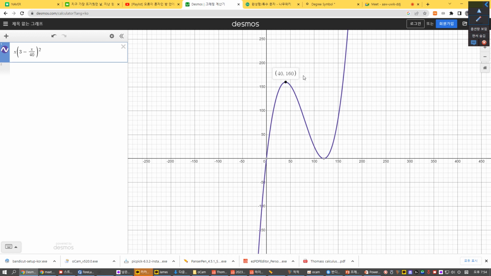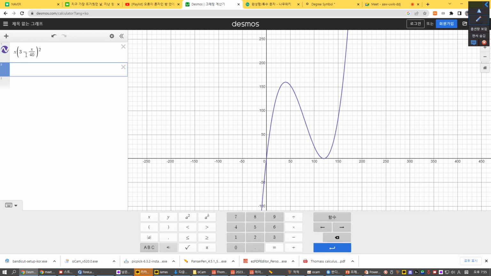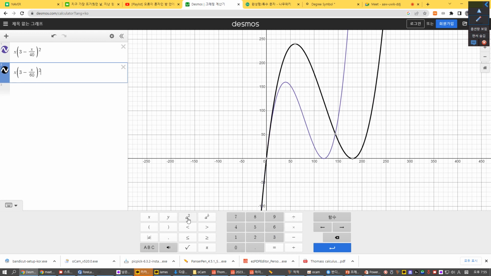If we want to make the maximum revenue when all 60 people are on board, maybe we can think of changing this equation for the fare. Let's say it's divided by 60 instead of 40, like this.